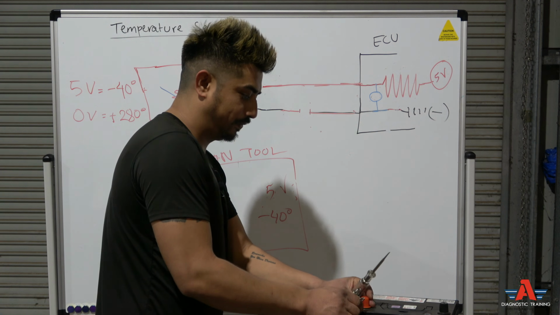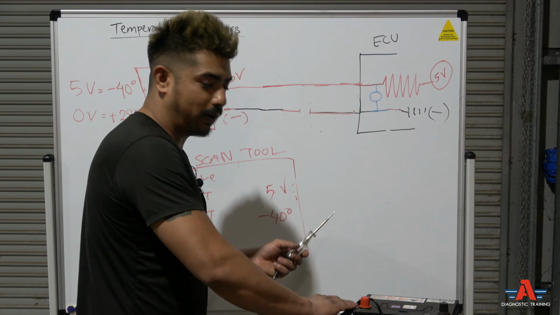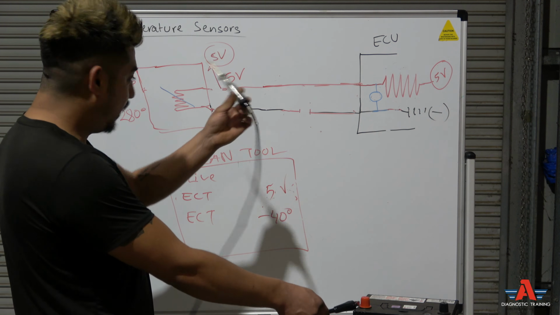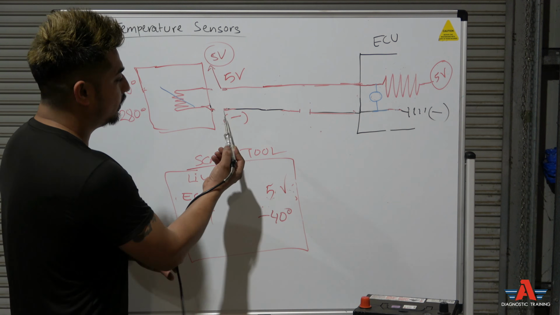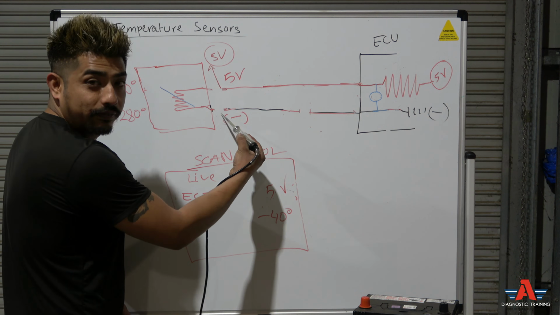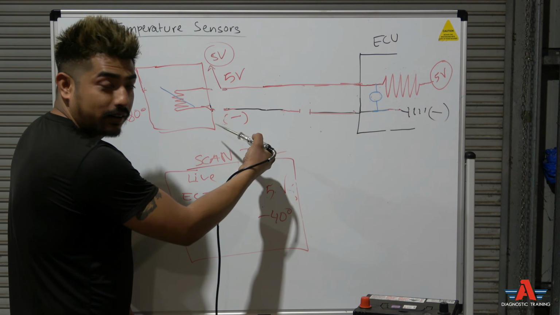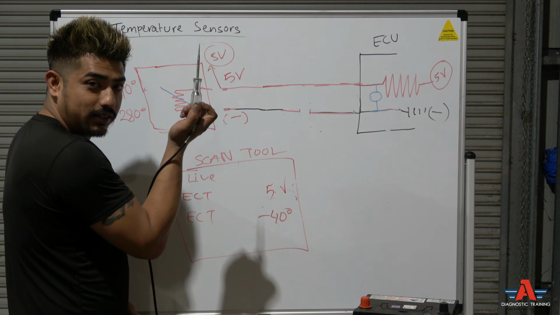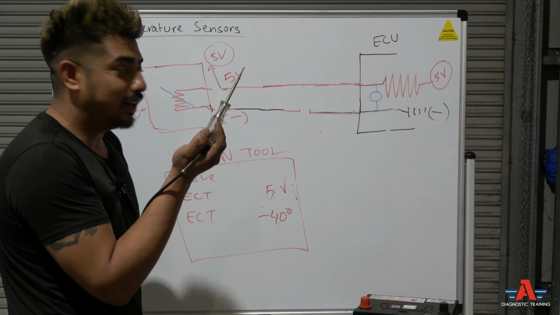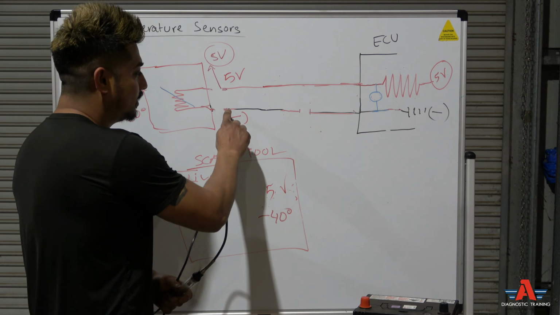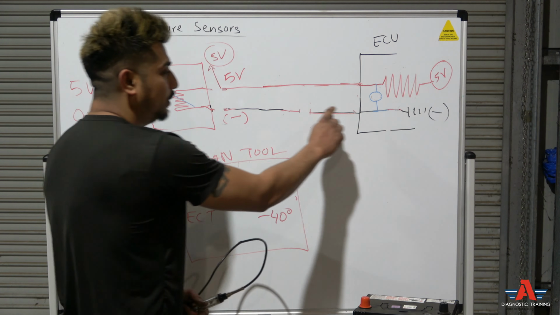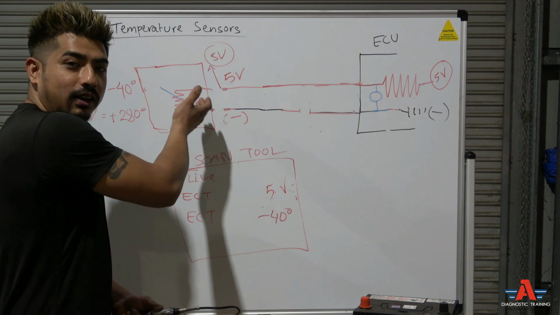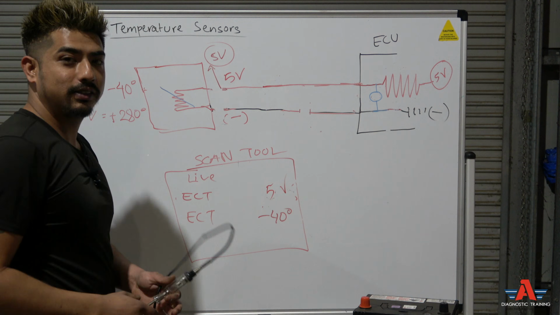Put your test light on the battery positive here, like that, and try to find the earth right here. Do you see earth? Does the test light light up? If the test light lights up, that means this circuit is intact all the way to the computer. There's nothing wrong. The only thing left is the sensor could be at fault. Change the sensor, you're done.